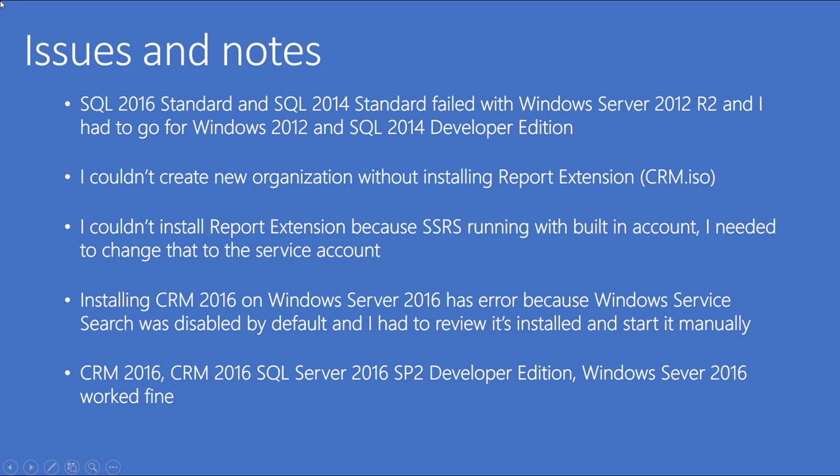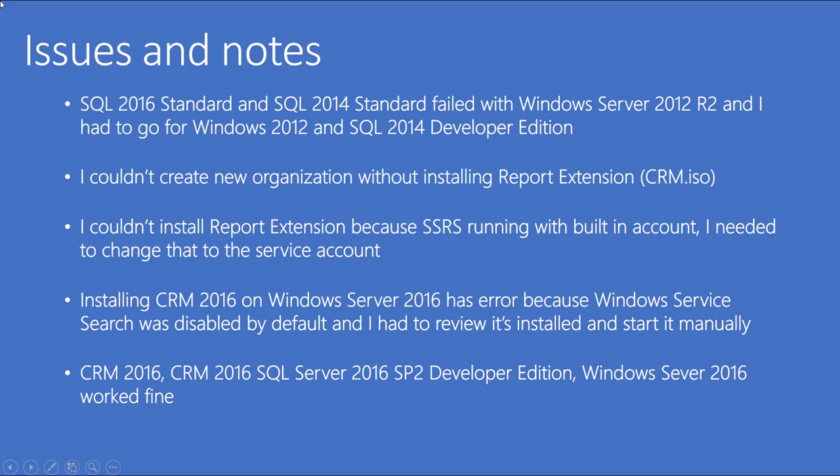When I tried to install it, I couldn't because the reporting was configured using the default built-in account, and I had to change that to a service account. So I changed that first.